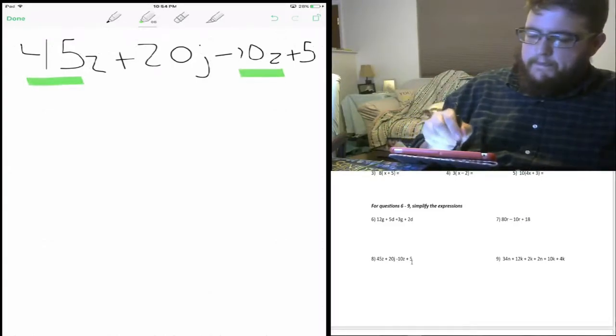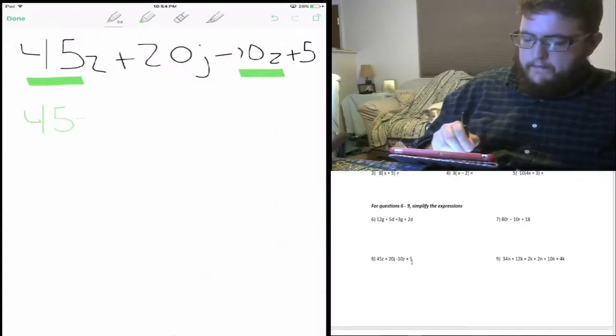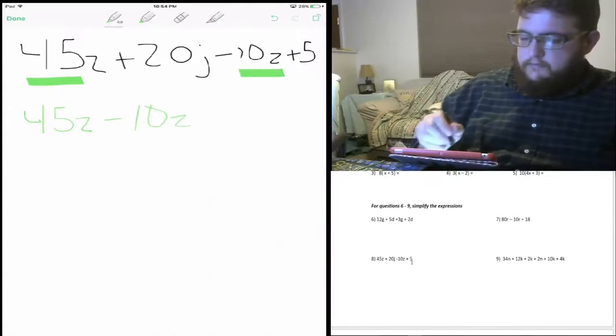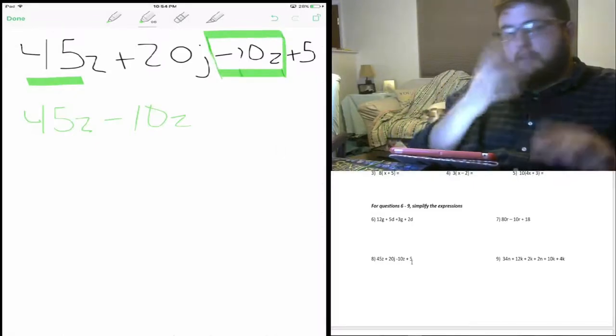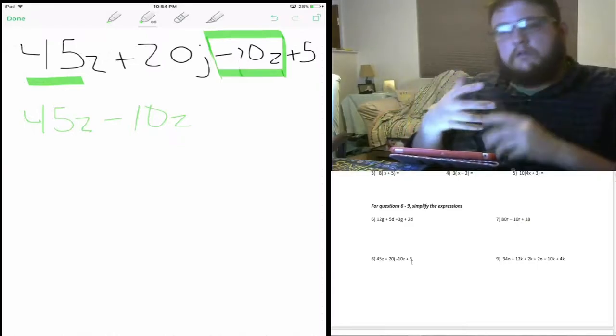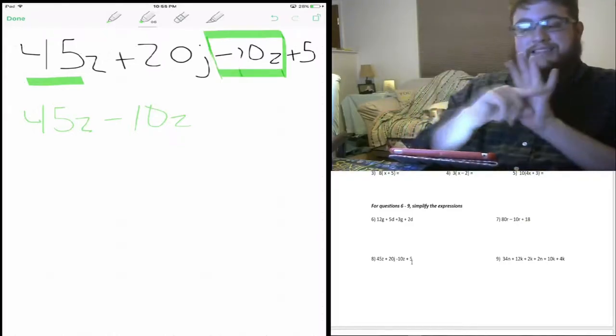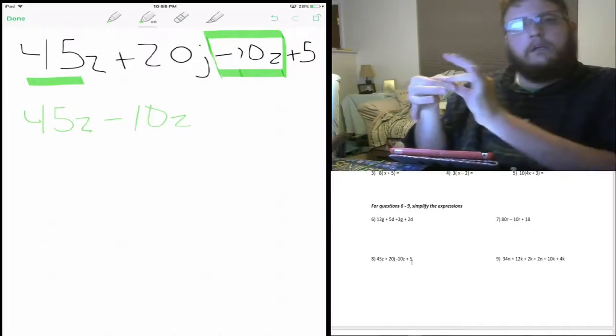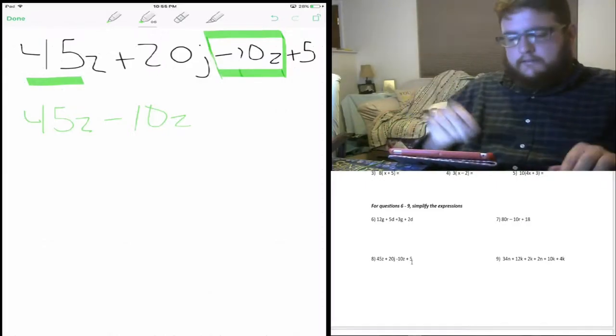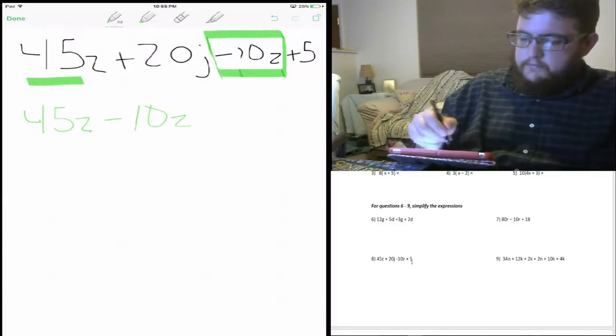We've got 45z and negative 10z. Notice that I've got the negative attached to this 10z. The coefficient for this term is actually negative 10 and not 10. That negative is not associated with the j, it's in fact associated with the z.